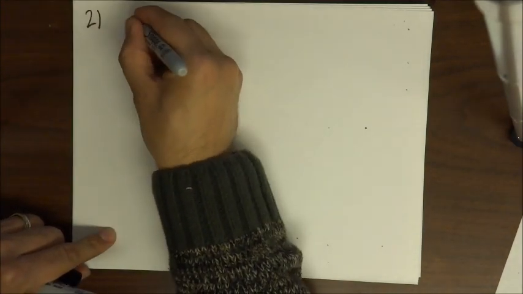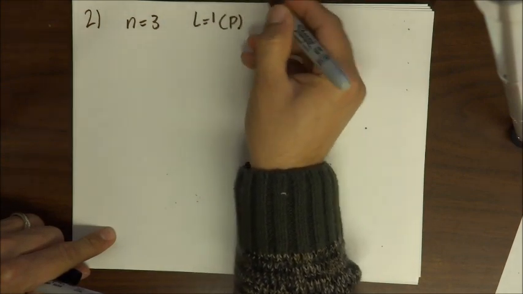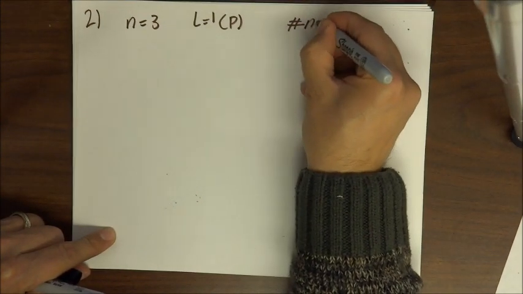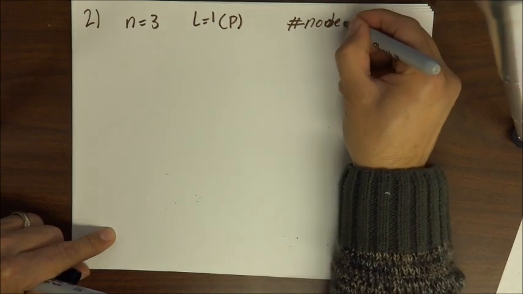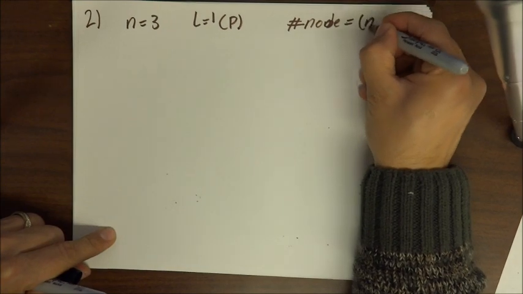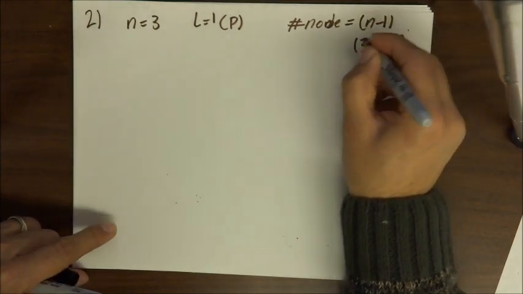Second case, n equal 3, L equal 1. You are dealing with a p orbital, and the total nodes is going to be n minus 1, so 3 minus 1, you are dealing with 2 nodes.